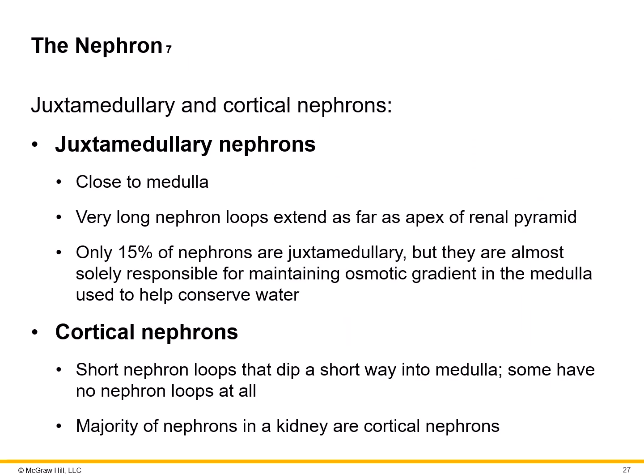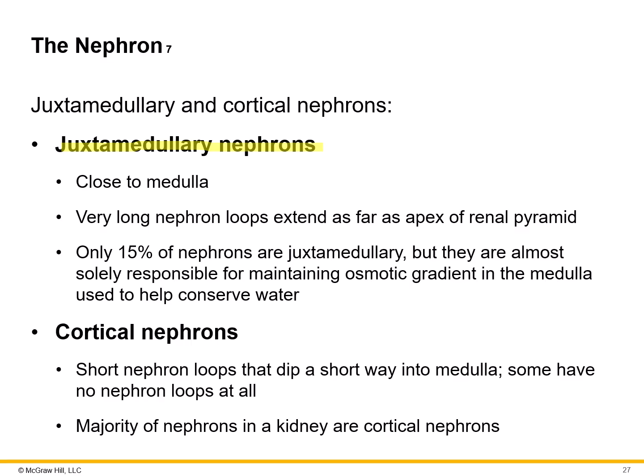All right, so here are the official descriptions of our two types of nephrons. Juxtamedullary, we are close to that medulla, with very long loops of Henle that will sometimes dip all the way into the apex of the renal pyramid.